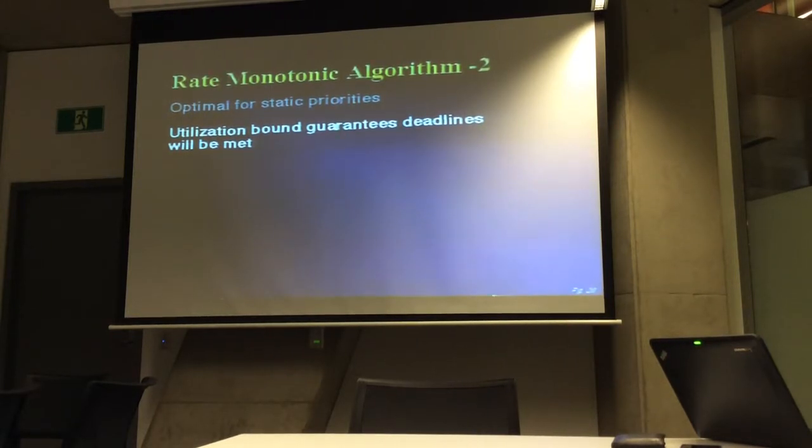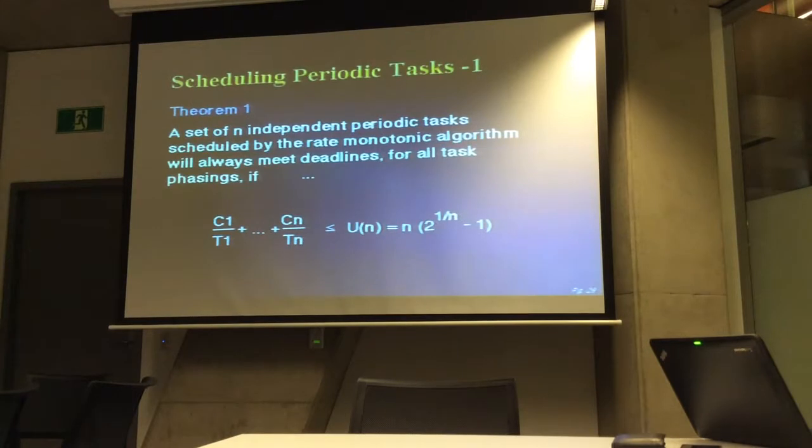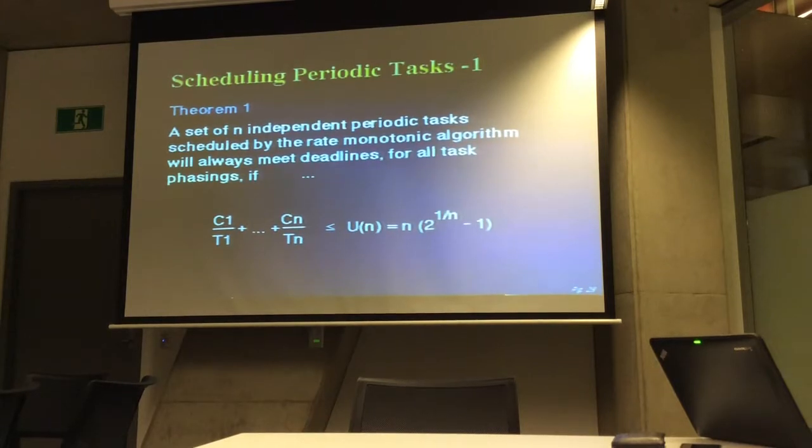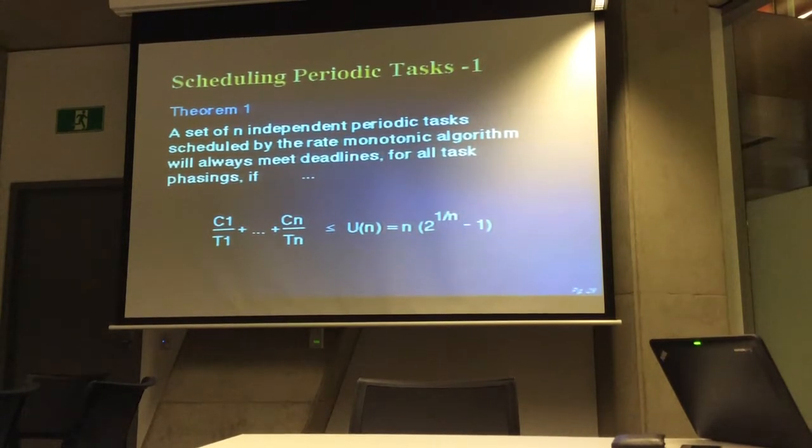Now here's the theorem. A set of n independent periodic tasks. I know we're looking at an example with some shared resources, but for now we start simple and look at independent tasks.